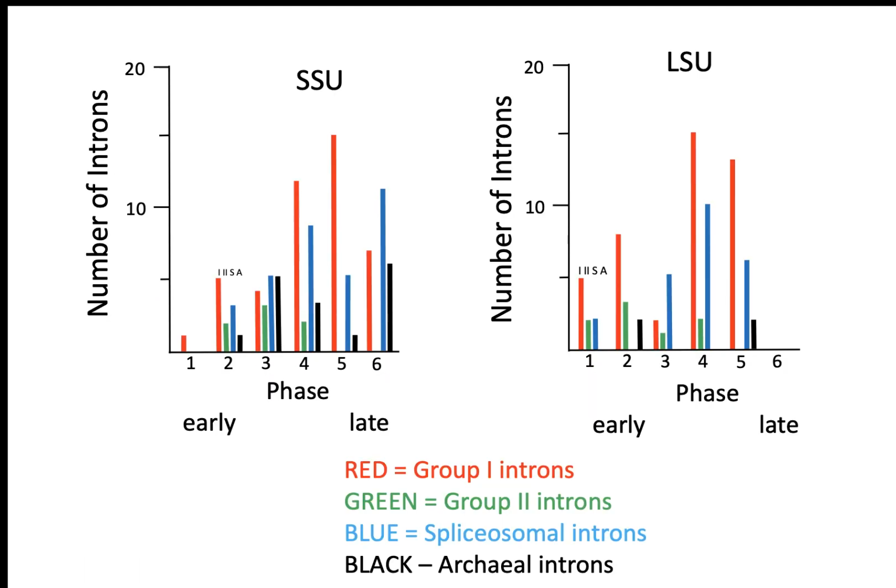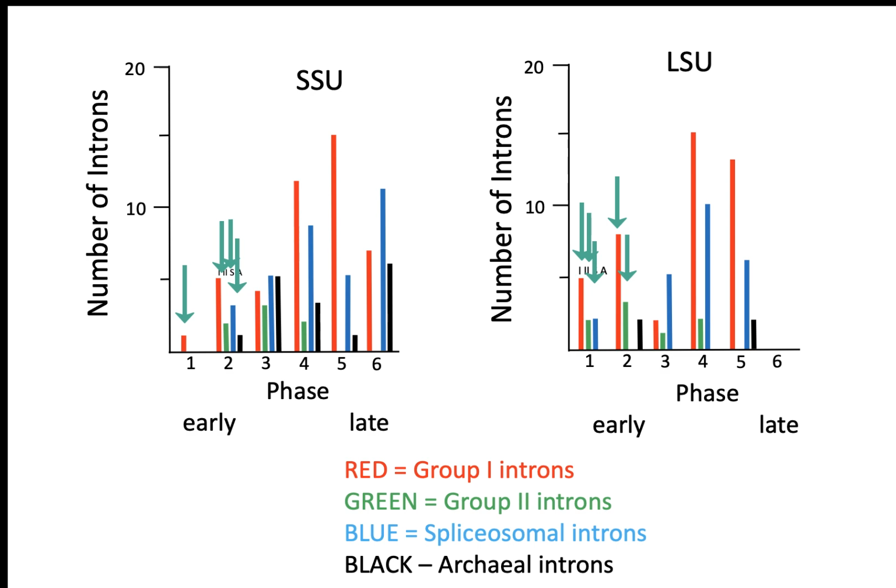If you compare the positions of those introns, red being group 1, green group 2, blue spliceosomal, and black archaeal, and you look at the different phases in the evolution of the ribosomal subunits, both the small subunit and large subunit, you find that one of the first types of introns that were there were group 1s, followed by group 2s and spliceosomals.